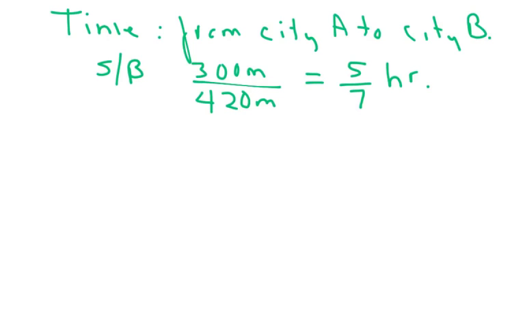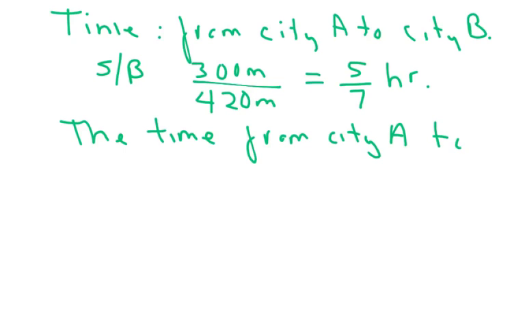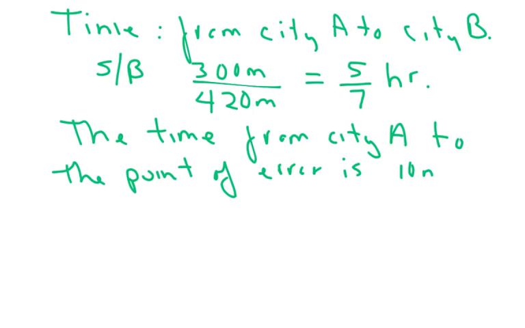The time from city A to the point of error is 10 minutes, which we already know is 1/6 of an hour.